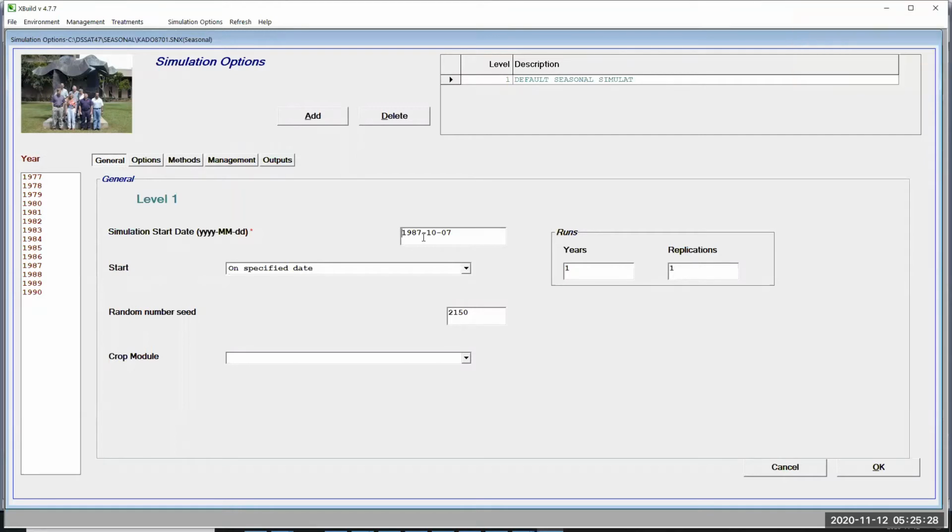So instead, I'm going to try to show you the difference of running 1 year versus running 13.